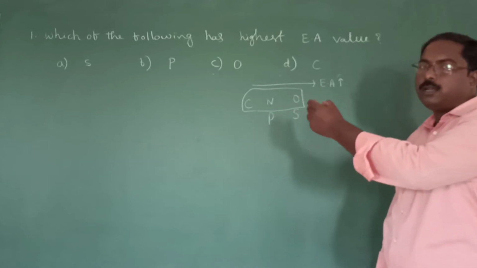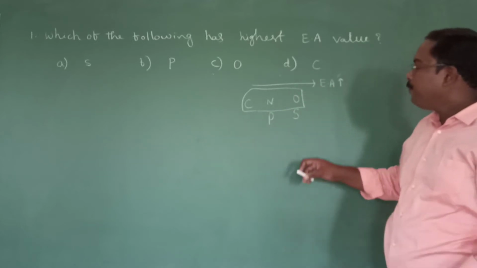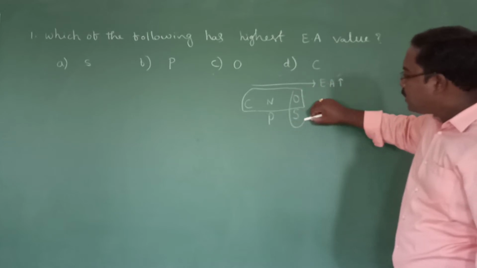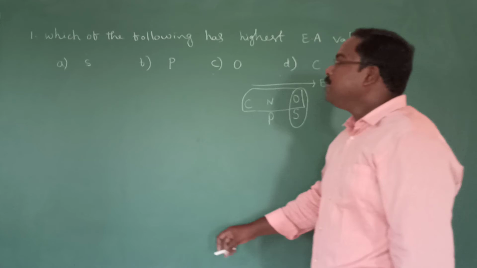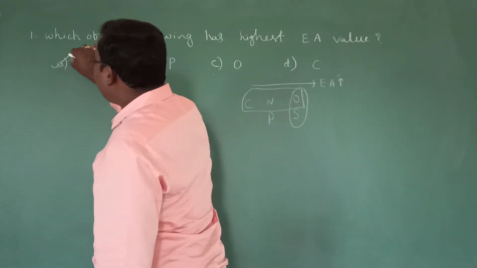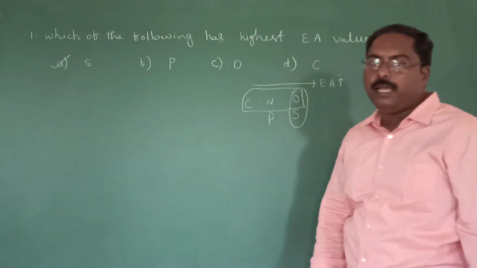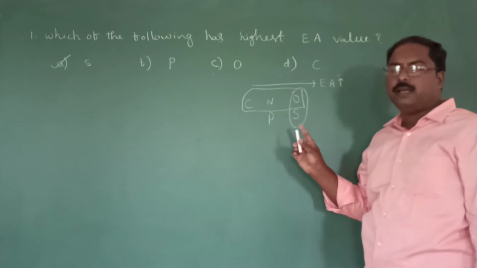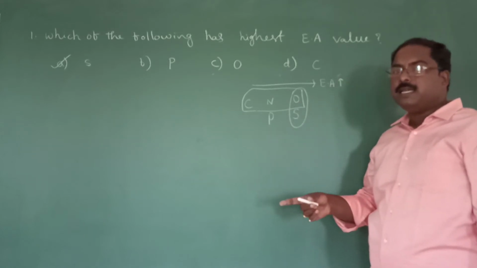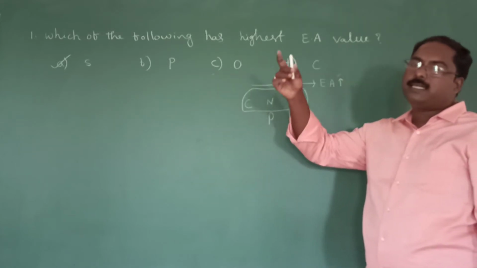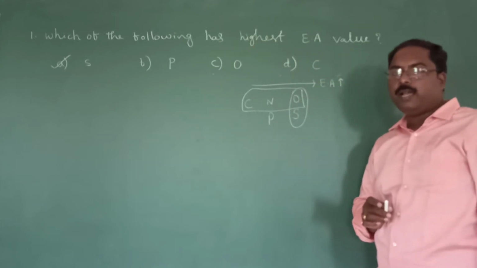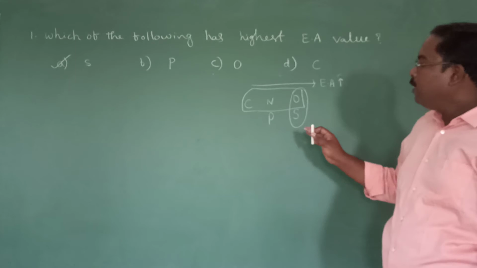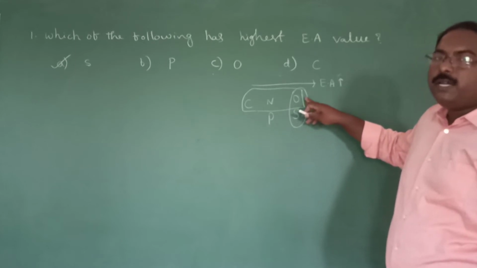You wrote it in the notes also. Out of oxygen and sulfur, which has more electron affinity? Sulfur has more electron affinity compared to oxygen. The reason is the same as what we discussed for oxygen and sulfur. Okay? Understood the logic?